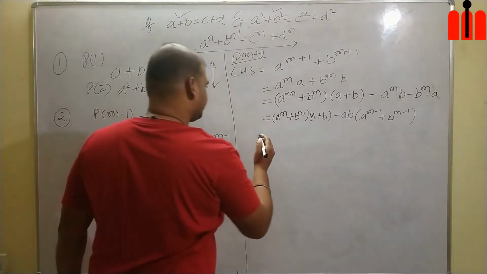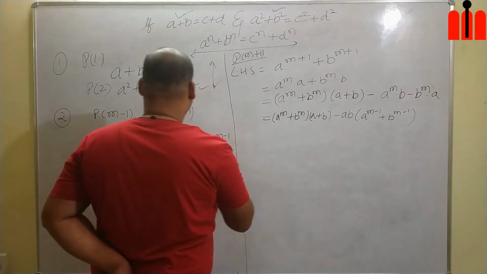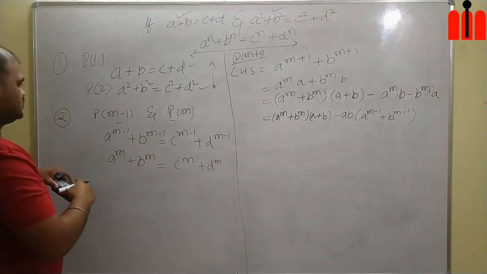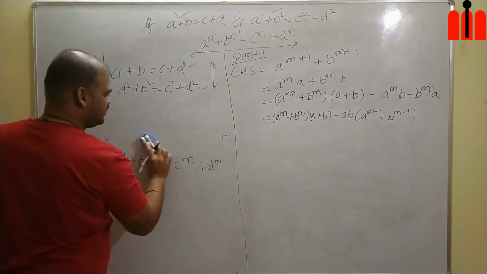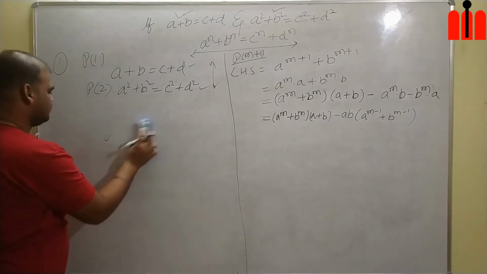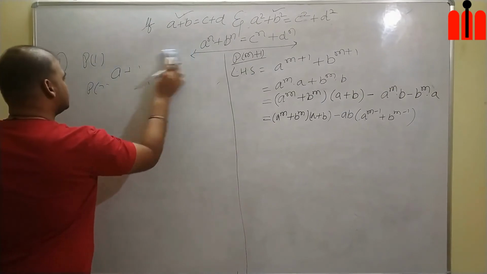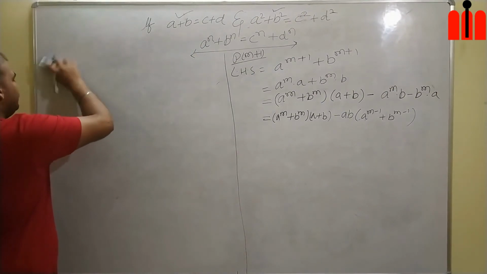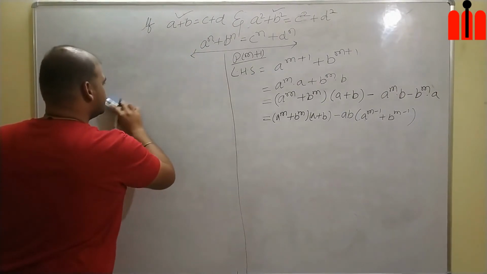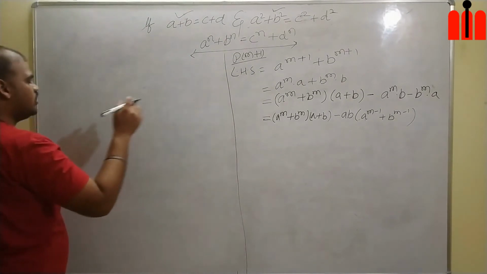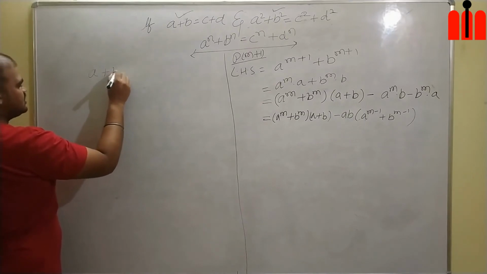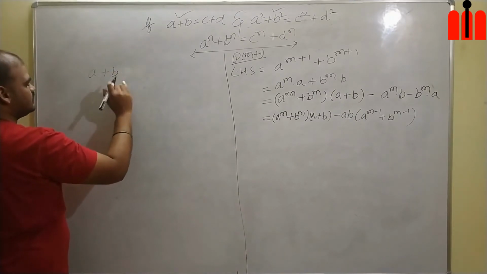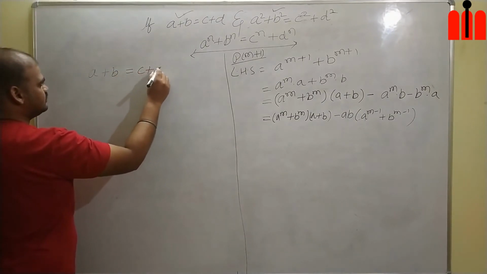See, I will use this P(m+1) and P(m) statement. These are not required, as we know from our mathematical statement what P(m) and P(m-1) will be, so I am rubbing these out. We had given that a plus b is equal to c plus d.